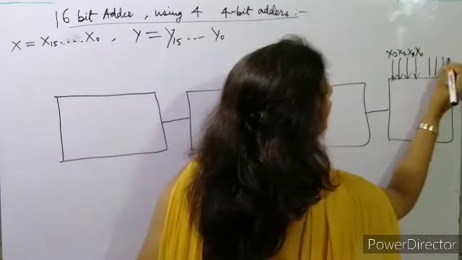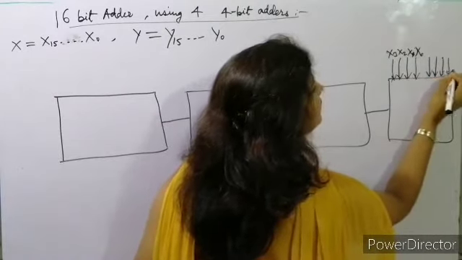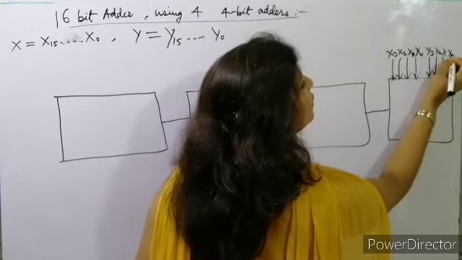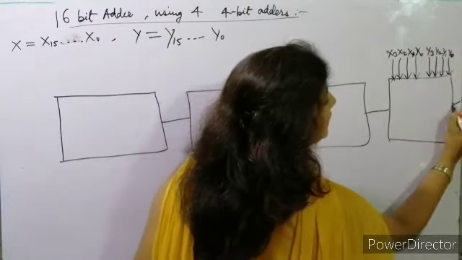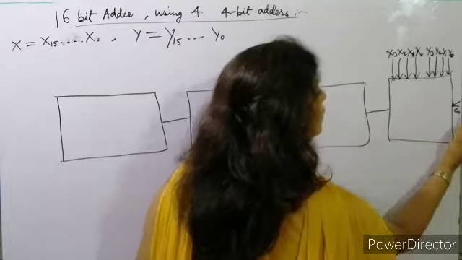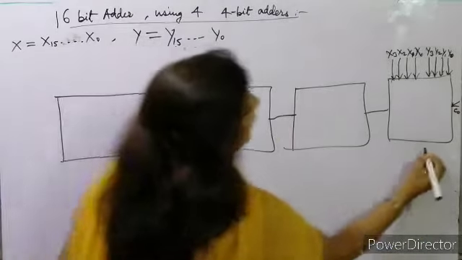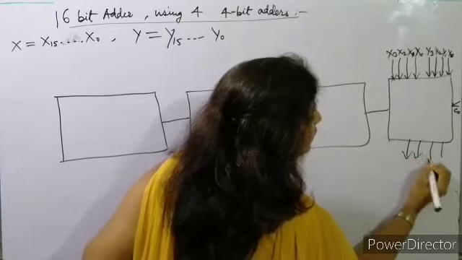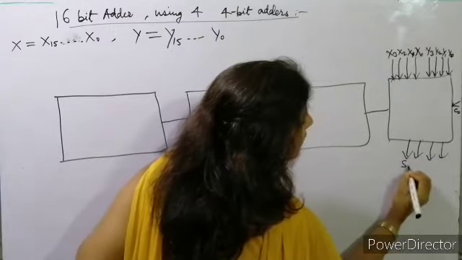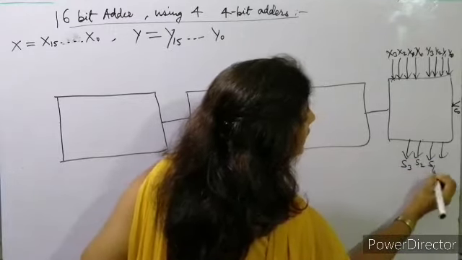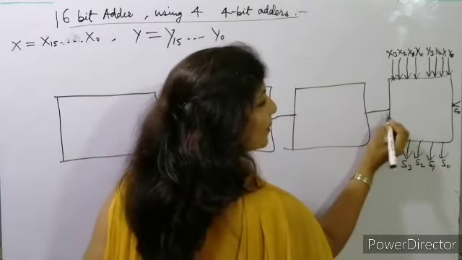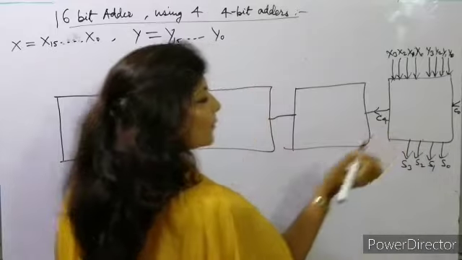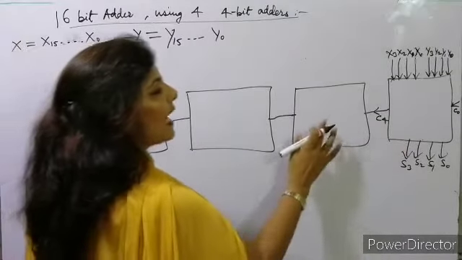Now we'll take the 4 inputs y3, y2, y1, y0, and C in, which will be C0. There will be 4 outputs, S3, S2, S1, S0, and the C out will be C4. Now C4 will act as the input for the next adder.